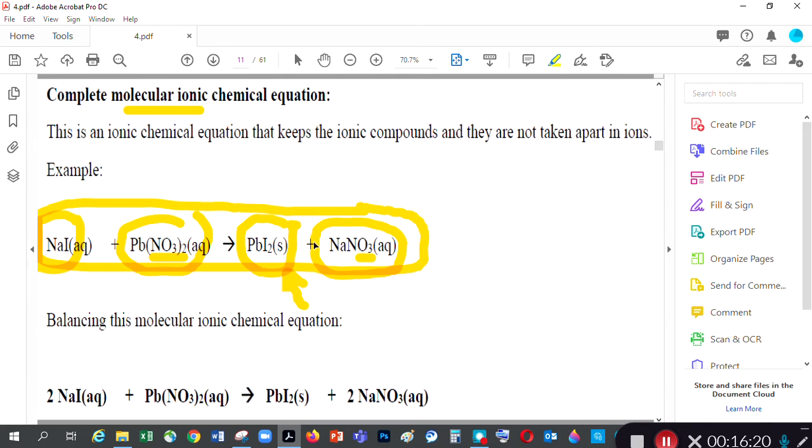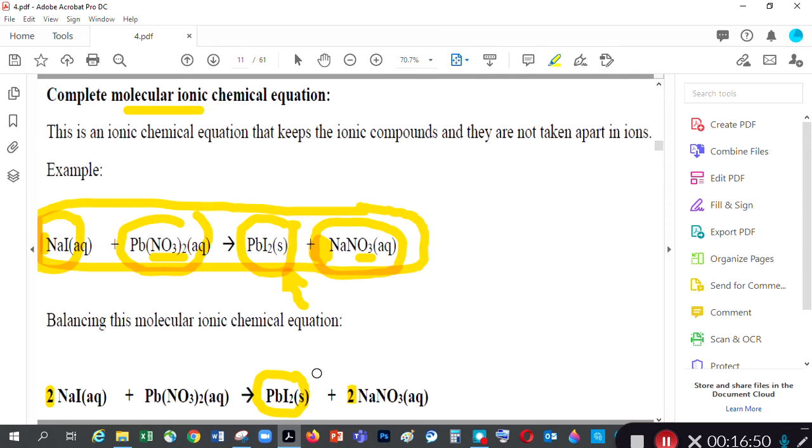So my intuition tells me I have to add a 2 here. Then I have 2 nitrate and 2 sodium. And I have to add a 2 here to balance it. So now the whole thing is balanced. The only solid is this. All the other ones are aqueous.